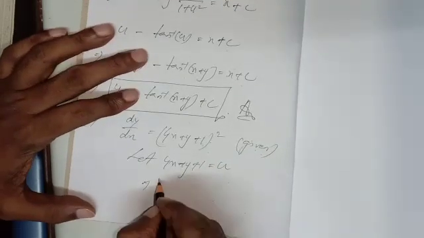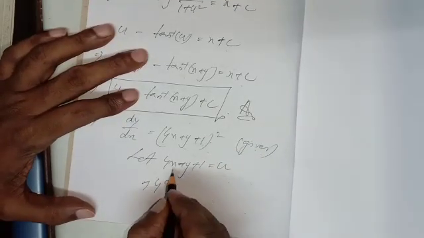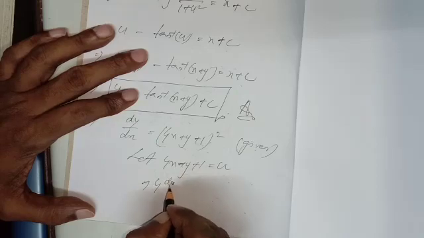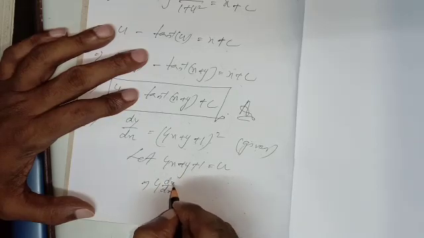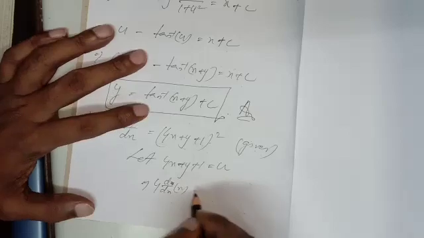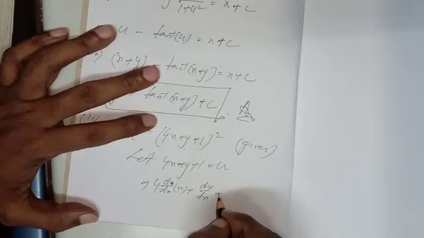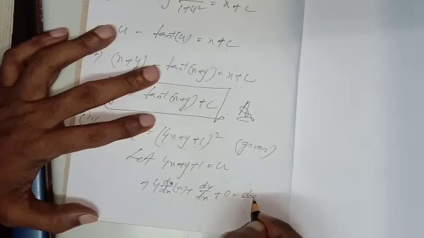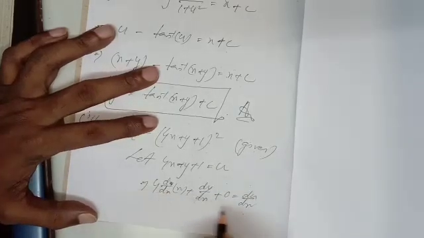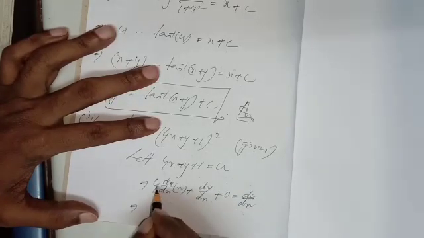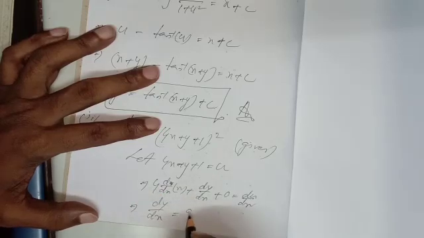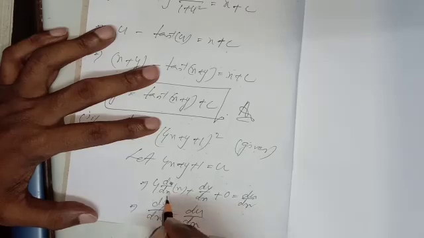Differentiating both sides with respect to x, this will be 4 plus dy by dx is equal to du by dx. The 4 you take that side, this will be minus 4.